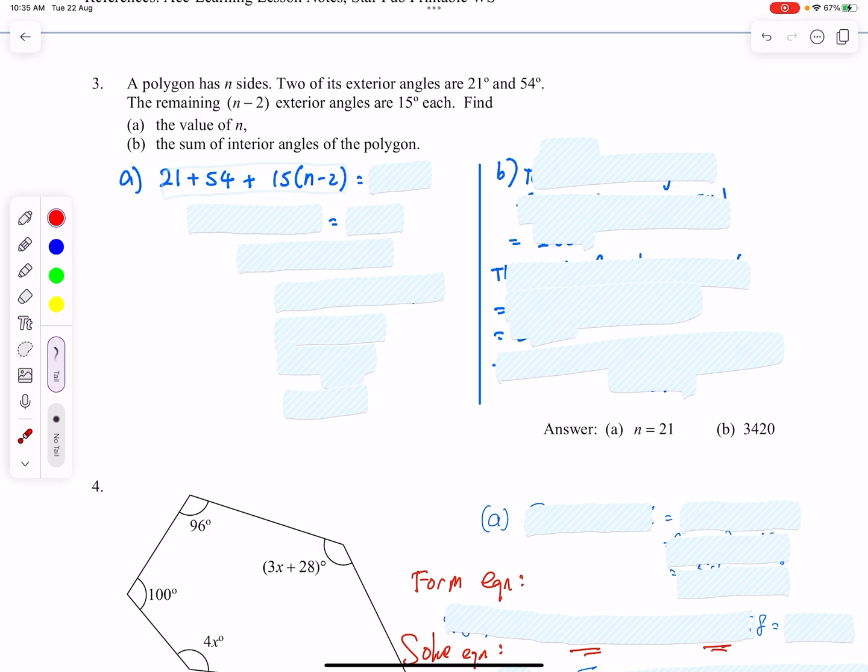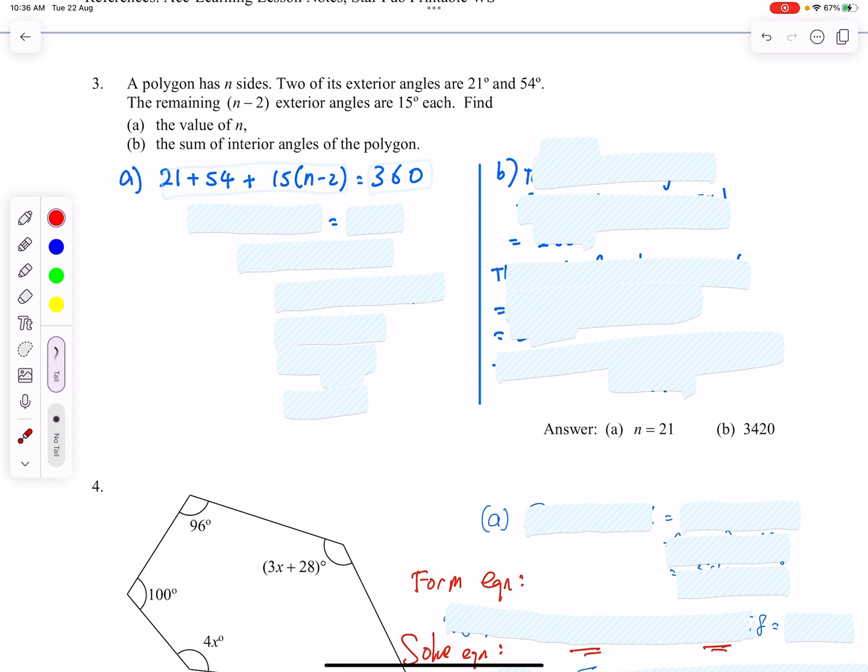So it's 15 times n minus 2, and I know all this is 360. Now I've formed the equation for you. Pause the video again if you need to and see if you can get n.